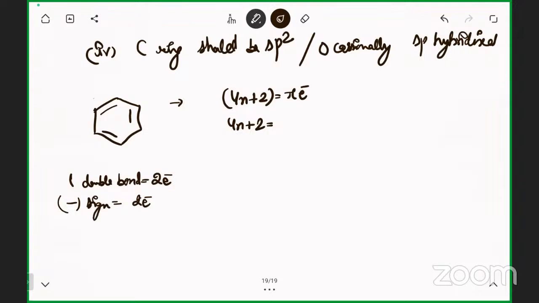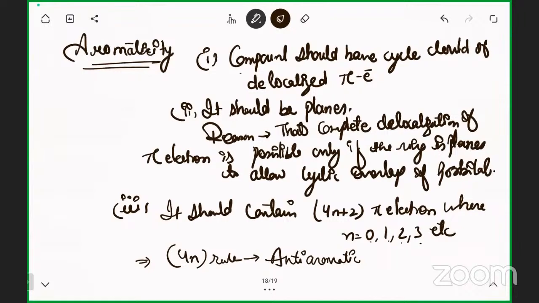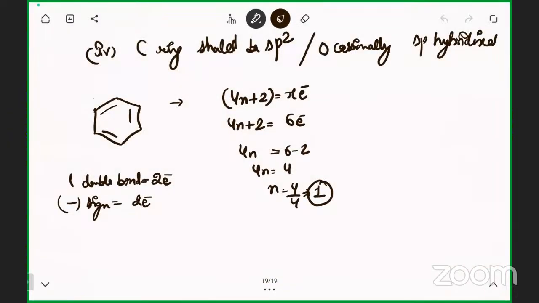So three double bonds are there. If one double bond is equal to two electrons, three double bonds mean we have six electrons. Now just calculate the value of n. 4n plus 2 equals 6, then 4n equals 6 minus 2, 4n equals 4, n equals 4 by 4, that is equal to 1. So the n value is 1, and I told you if the value is 0, 1, 2, 3, the compound is aromatic in nature. Aromatic. Yes. So got my point now?